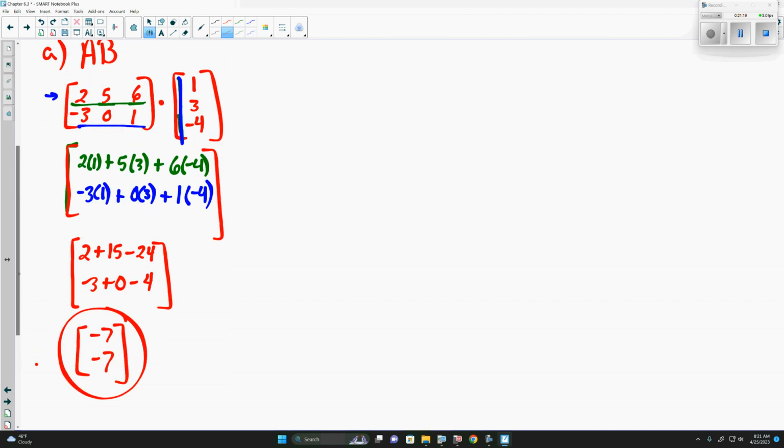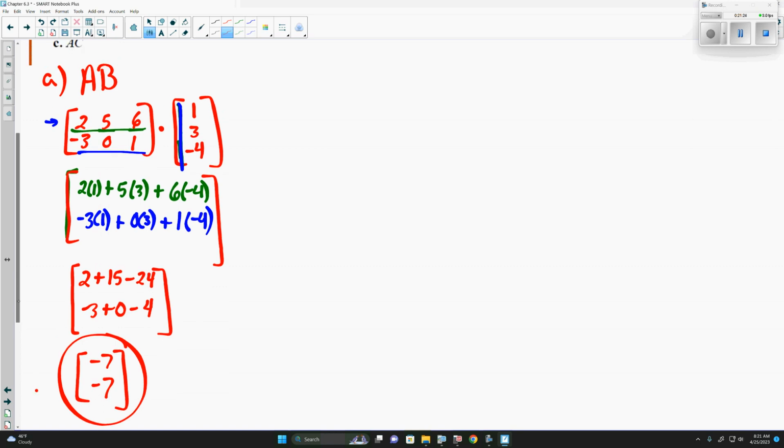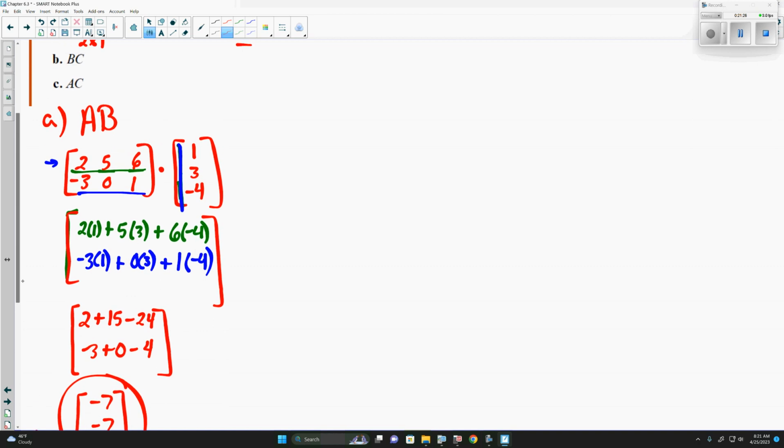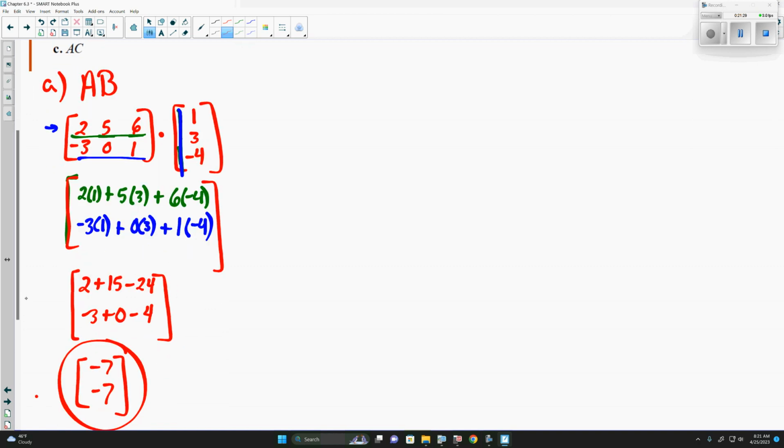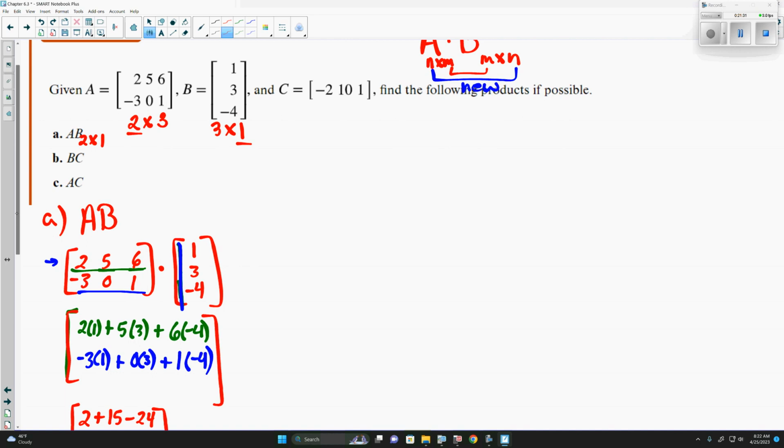Any questions on how we multiplied A and B? We're ready to multiply B and C. Now C is a 1 by 3. So B times C would be 1, 3, negative 4 multiplied by negative 2, 10, 1.